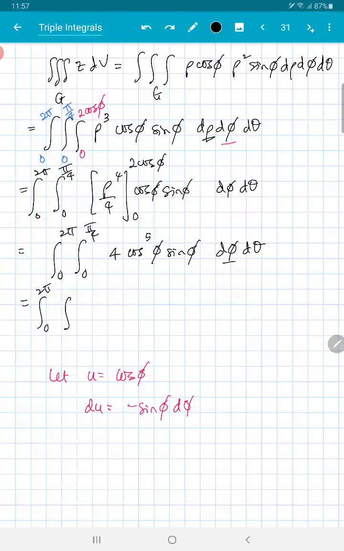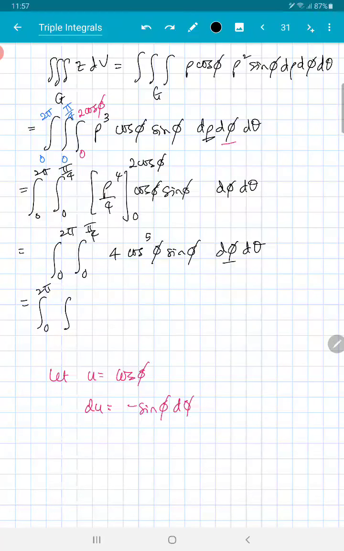So here you have u to the power 5, and then sine phi d phi is negative du, and we still have d theta. Now instead of changing u back to cos phi, we can always use limits for phi as limits for u.